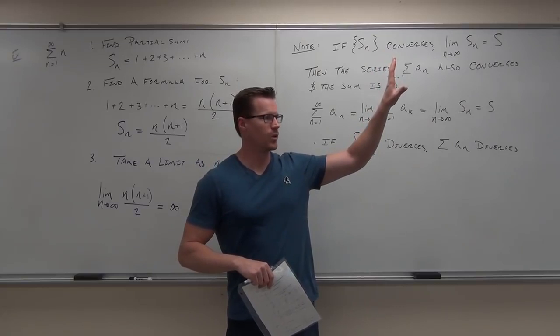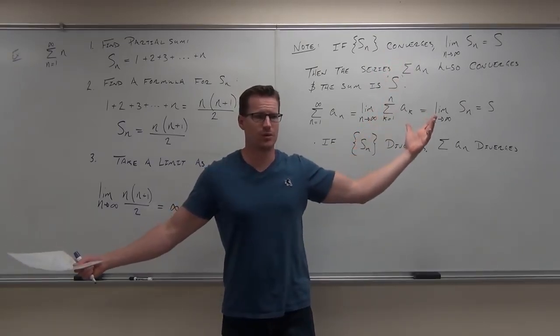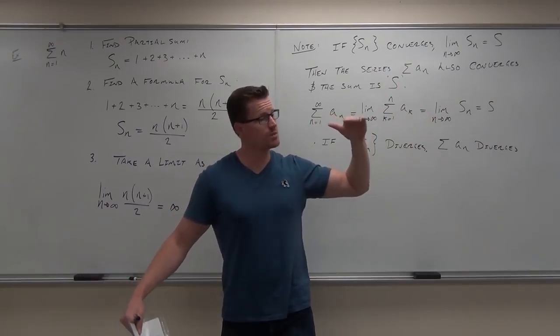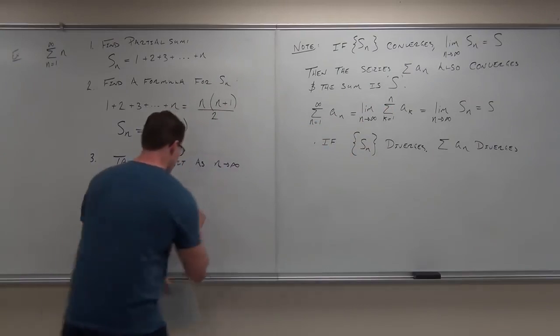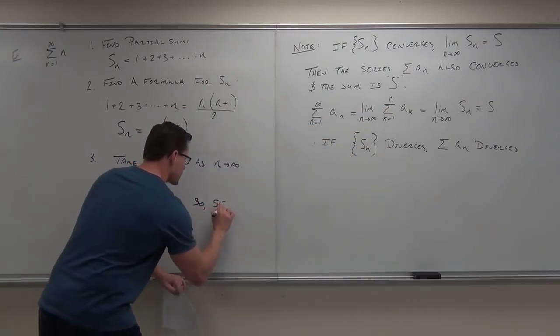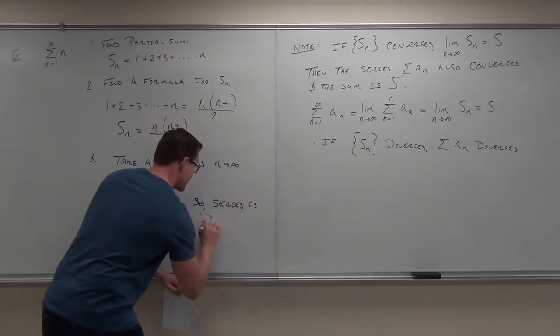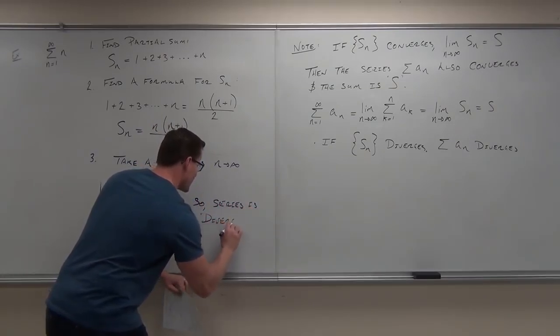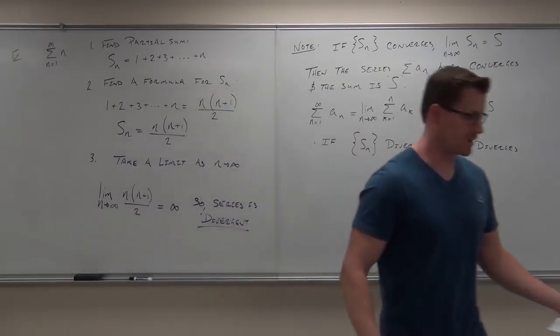Well, then what's your sum? It's divergent. We don't know. Because if our sequence of partial sums is divergent, that means our series is also divergent. So we'd say the series is divergent. All that work for nothing. I know we got very little payoff with that one, but I wanted to show you that not all series are divergent, but this is the way you go about it.